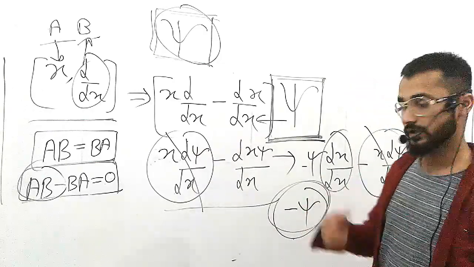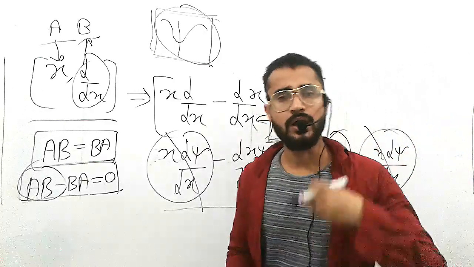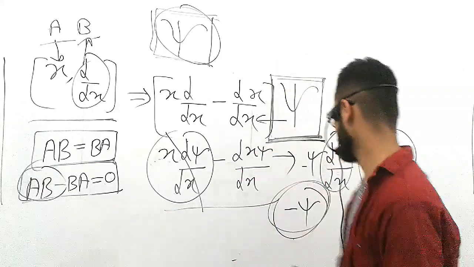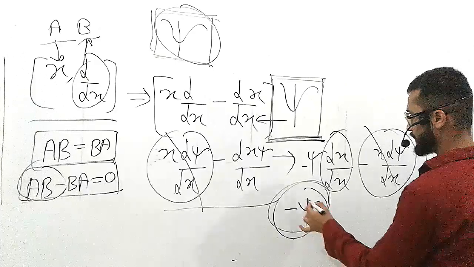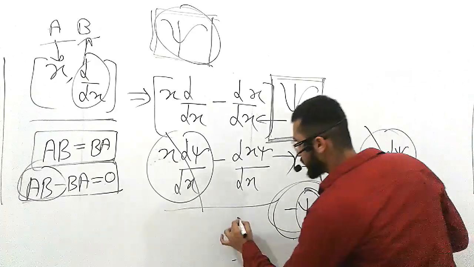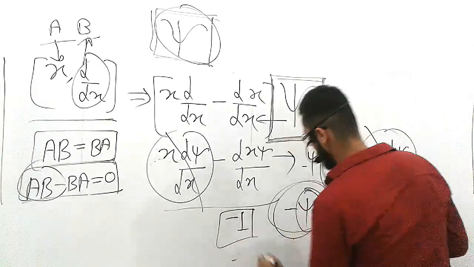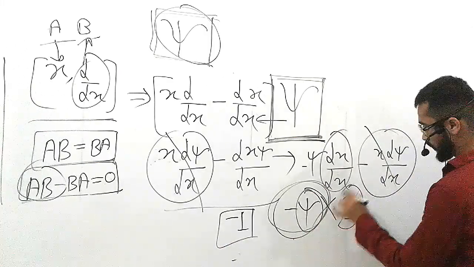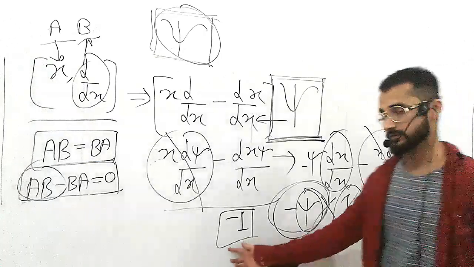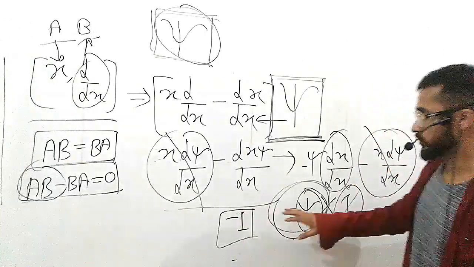Okay, now minus ψ, so basically when we remove it, it will be written as minus 1, because the multiplication factor here is 1. Okay, so minus 1 remains.